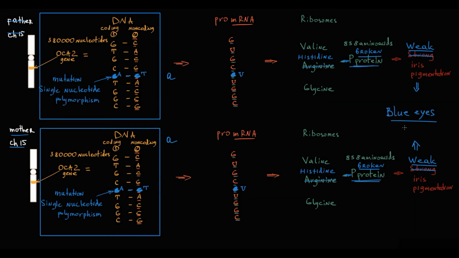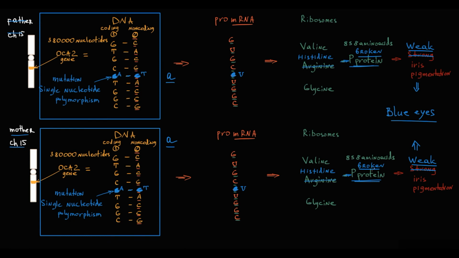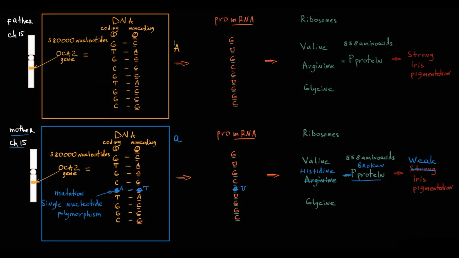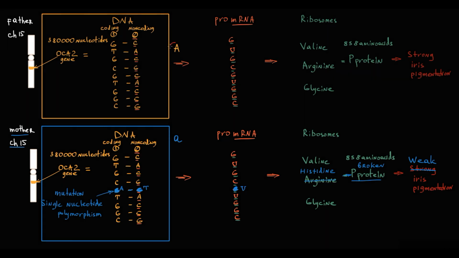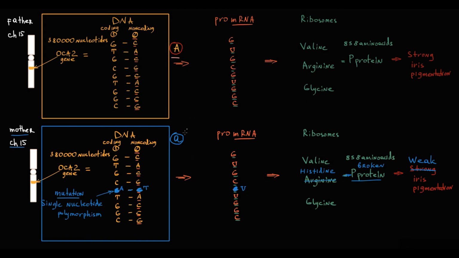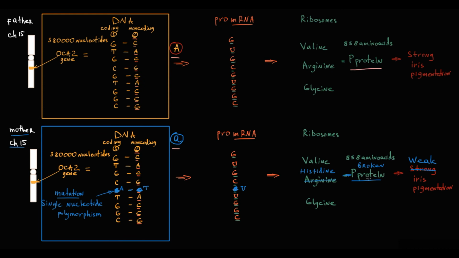So if alleles are completely identical, there is no difference which allele will be expressed, because they both encode the same protein structure. But if we have two different versions of this gene, where the first allele is unaltered by mutation and the second allele is mutant, in this case everything depends on which allele will be expressed, or we can say which allele will be used for protein production.